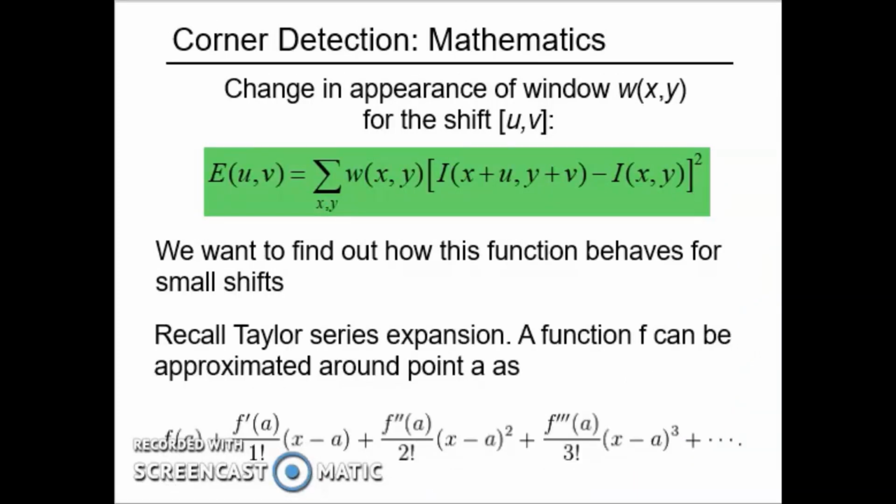So in order to do this, there are several things that we can do. First of all, let us find out how this function actually behaves for small shifts. In order to do this, we will recall the Taylor series expansion of a function f that can be approximated around the point a as this particular equation.